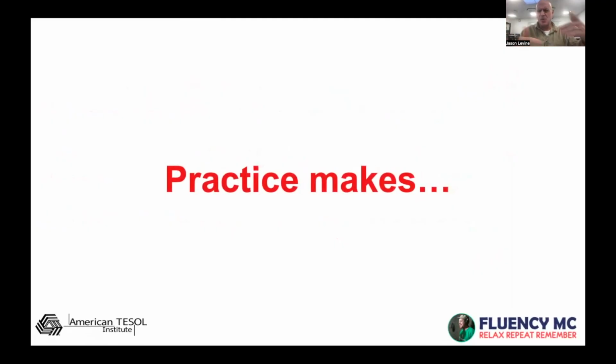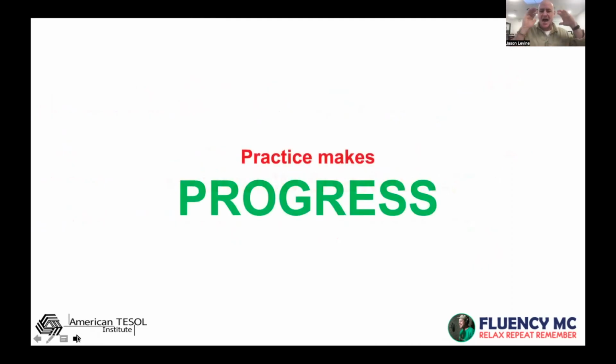And if you've been with me in a webinar before, do you remember practice makes? If you say perfect, I'm not against it if perfect means, like we were saying with accuracy in my little credo before about fluency. If we're talking about trying to be motivated to be more accurate, then practice makes perfect. Perfect is okay, not perfect, no mistakes, but practice makes progress is even better.